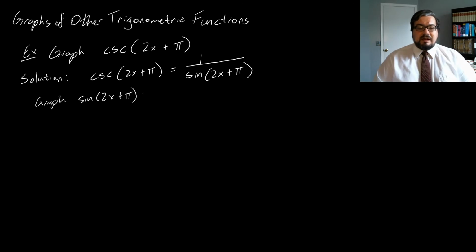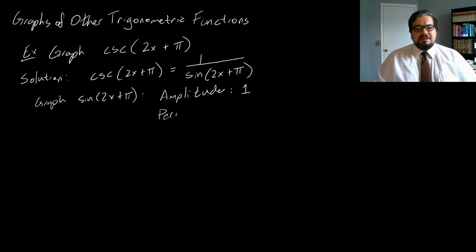So let's graph sine of 2x plus pi. We know that the amplitude of this function is going to be 1, because that's based on the a in front of the sine, which we don't have any of. So the amplitude is 1.